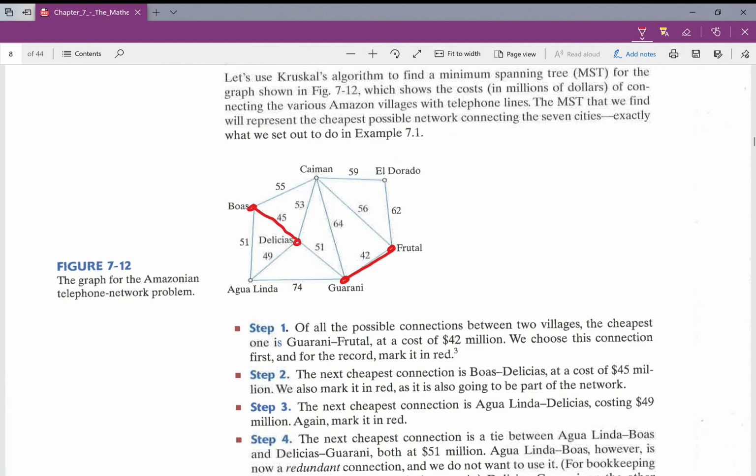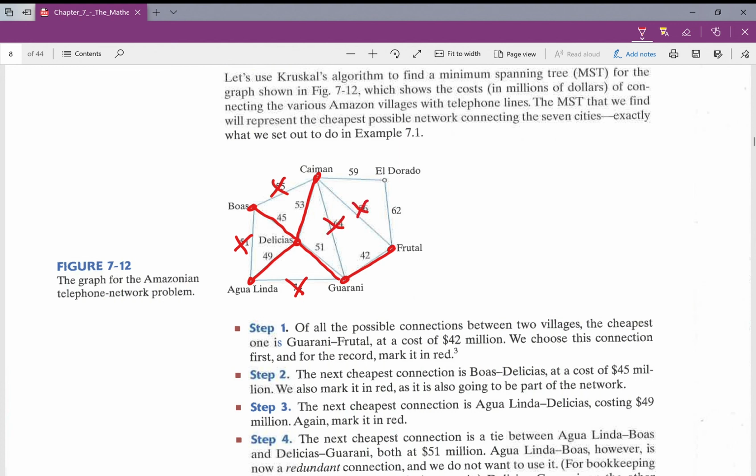Right there, 45. Next cheapest edge is 49. Next is 51. This 51 I can't use because it would create a circuit. Next cheapest edge is 53. I can't use any of these edges because they would create circuits now. I'm just crossing them out.